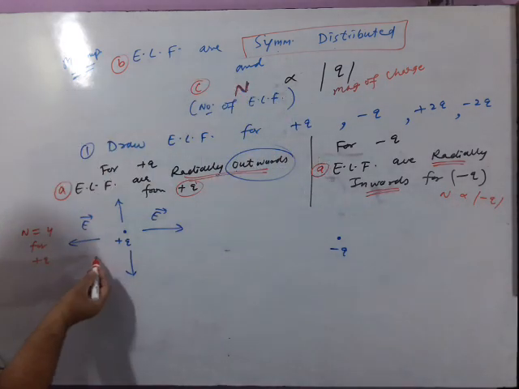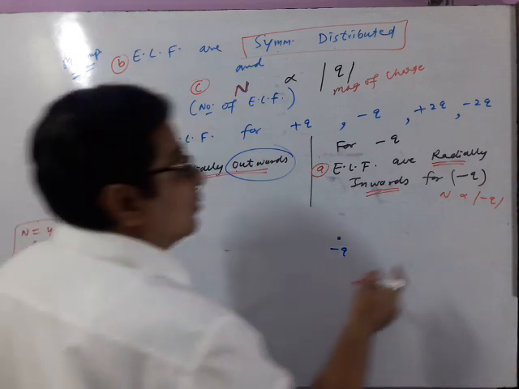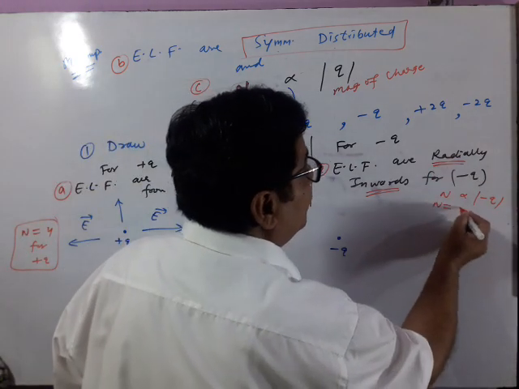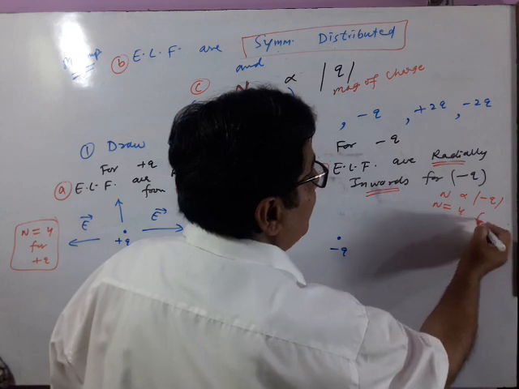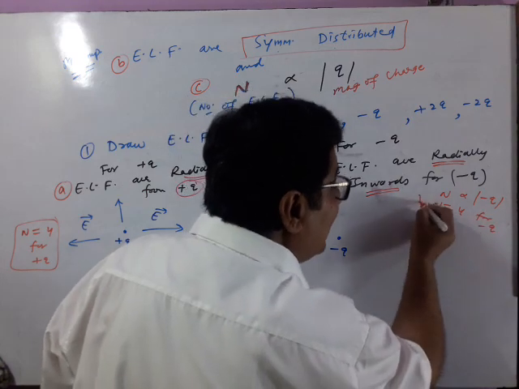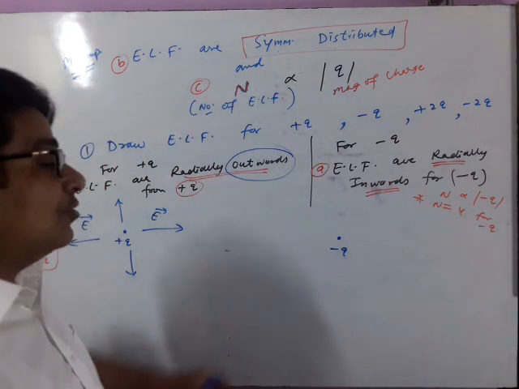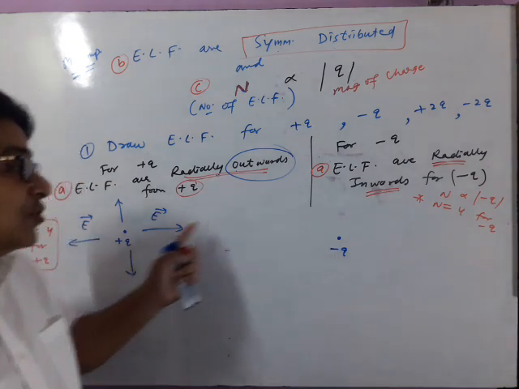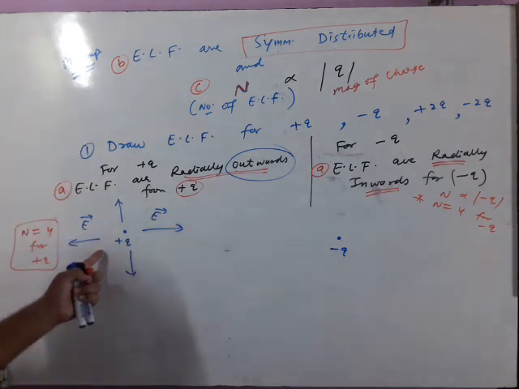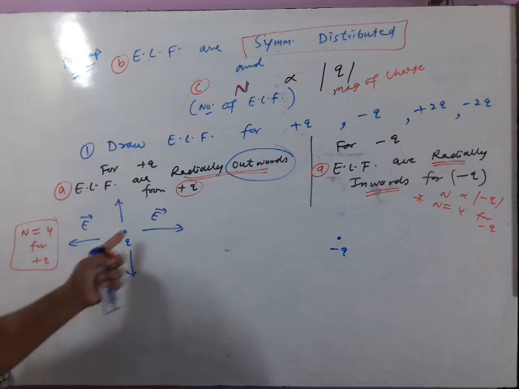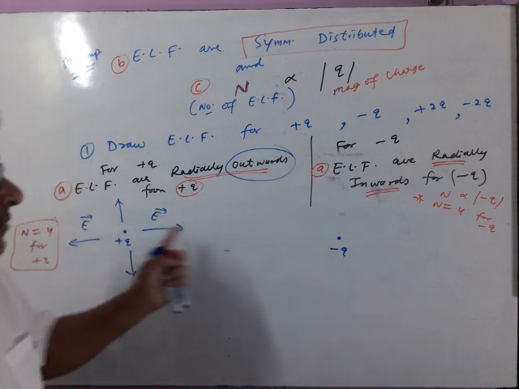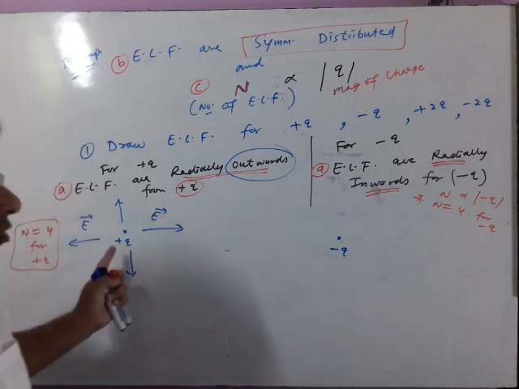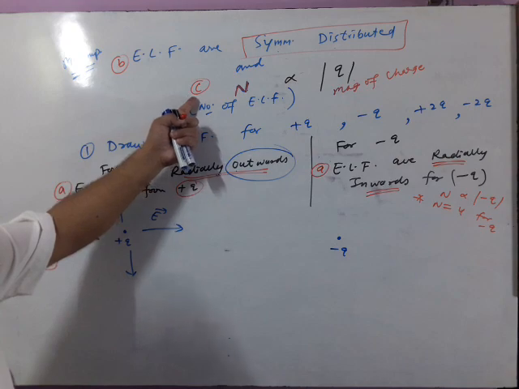If for positive you have shown 4 lines, now you will have to show 4 lines for minus Q as well. You can't show 8 lines here. In the same question you are asked, draw lines of force for plus Q as well as minus Q. So same number of lines must be shown because of this concept number C.